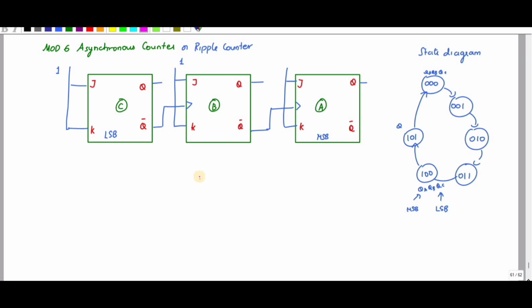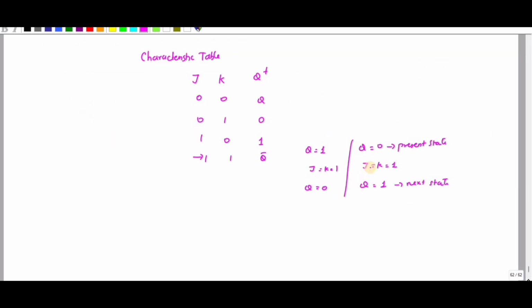Okay, so let me explain the QC. If I give a rising edge of the clock pulse and the inputs J and K are 1, let me assume the initial value of QC is 0. Initially all the flip-flops are 0. The moment I give JK equal to 1 and the clock is present, the next state goes to 1.